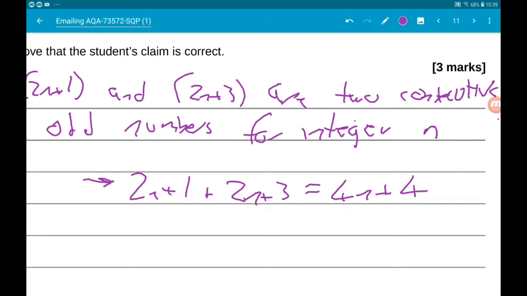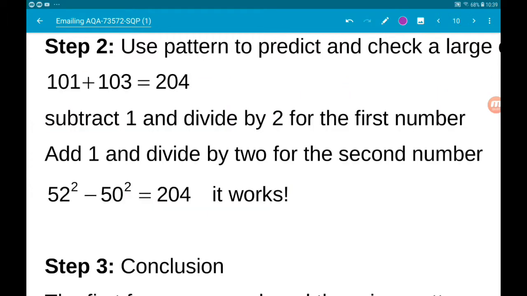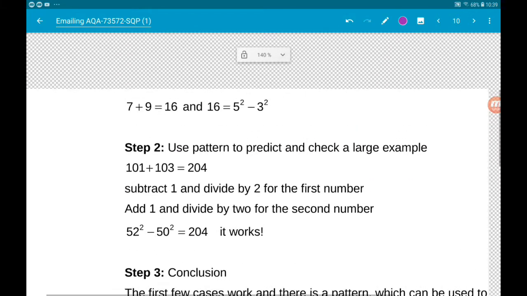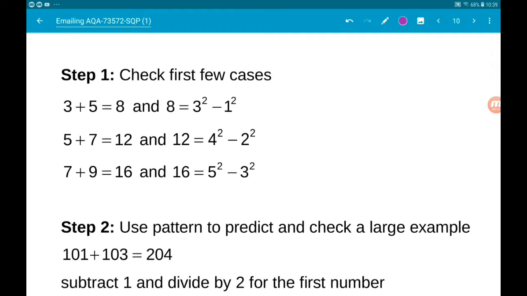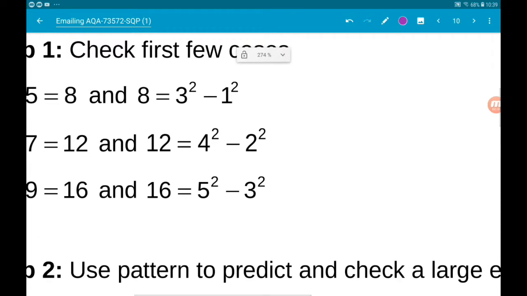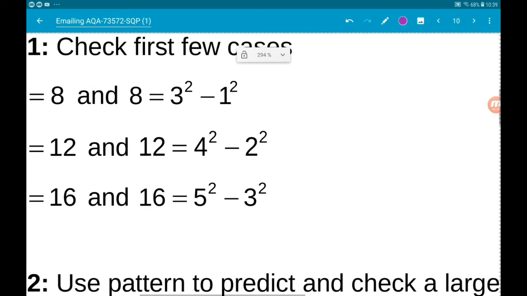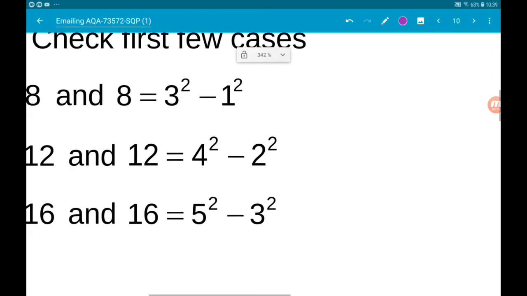Okay, now this next bit is not at all obvious, so we need to go back to his attempt at a proof and spot that pattern that he mentioned. So, when you get to the difference between the square numbers at the end, there is a pattern.